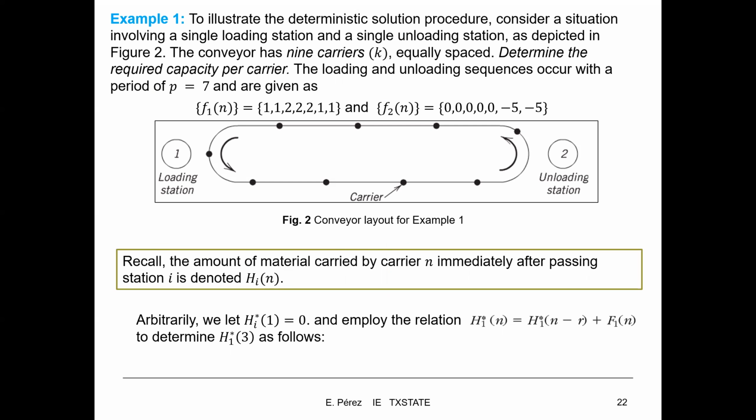Recall the amount of material carried by a carrier N immediately after passing station I is denoted by HI of N. Arbitrarily, we let H1 star of 1 equal 0 and employ the relation H1 star of N equals H1 star of N minus R plus F1 of N to determine H1 star of 3 as follows.